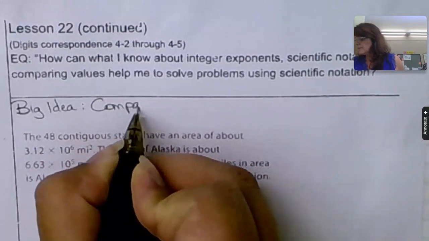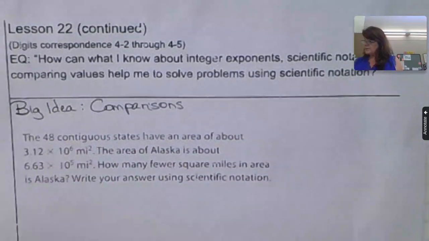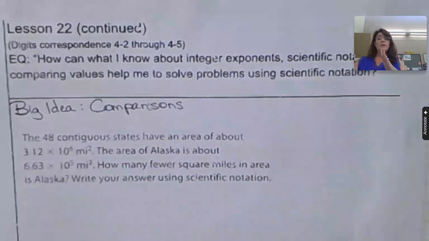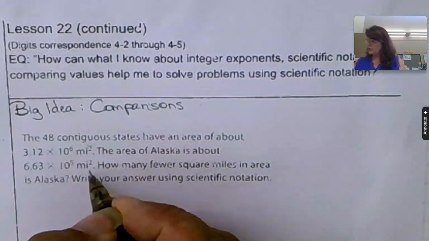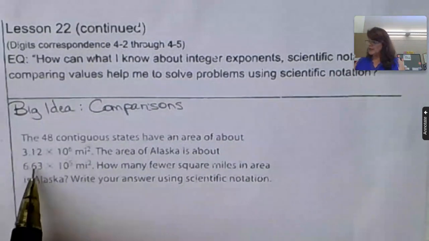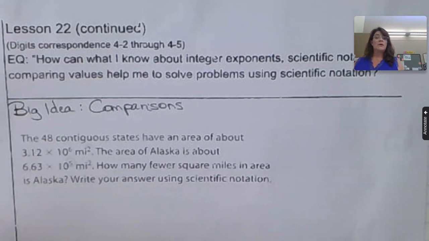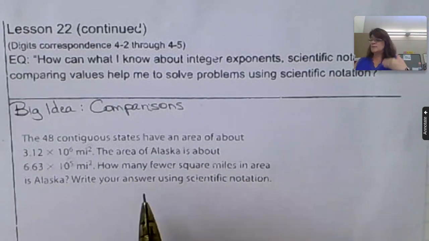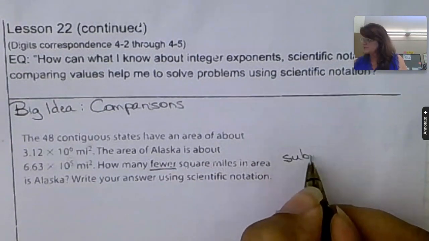Comparisons are easy if you either make them the same exponent value, or you understand how to determine which one's larger from the beginning. In this case, they're saying how many fewer, not how many times. So what they want here is subtraction.